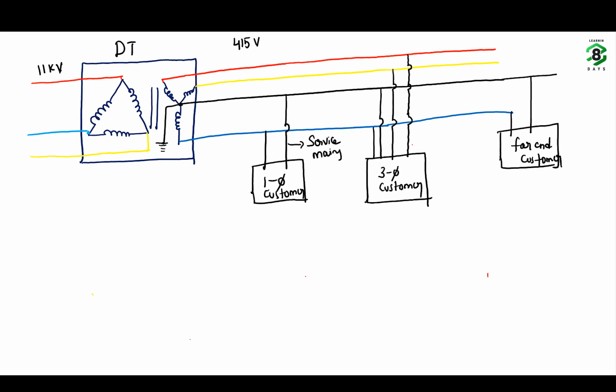The problem with this kind of distributor, called a radial distributor, which is fed from only one end, is that the customer near the source has high voltage and the customer at the far end will have low voltage. Okay, so they will not get a proper voltage.